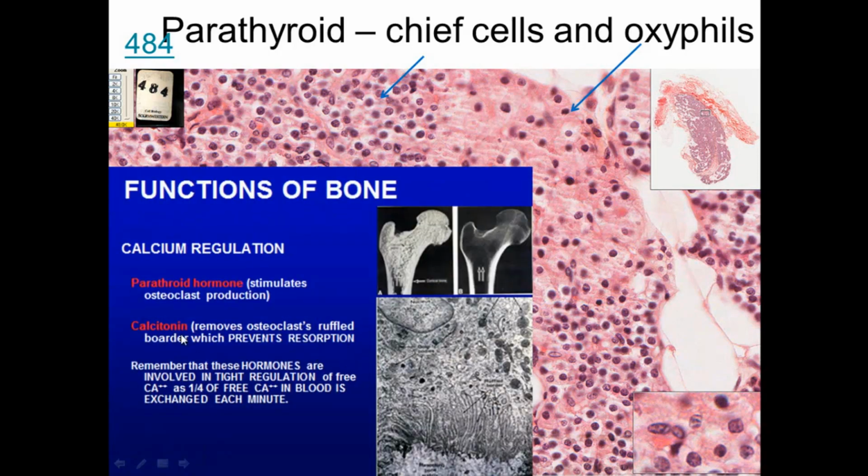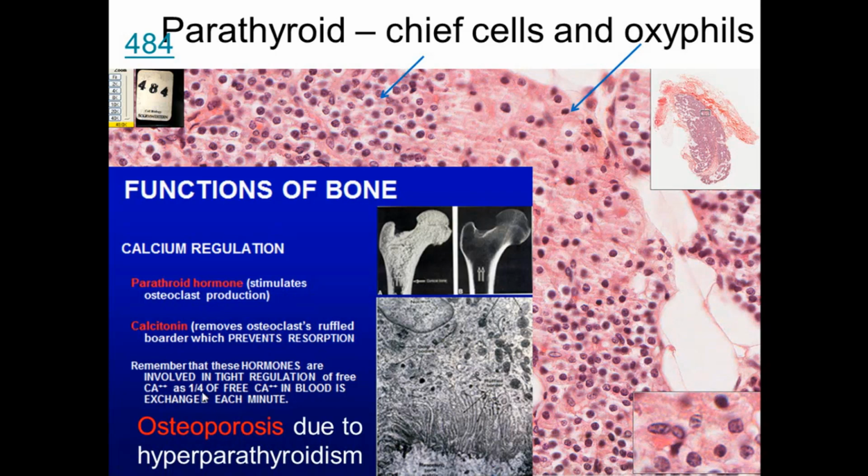Now remember, calcitonin was involved in removing the ruffled border, but parathyroid hormone stimulates osteoclast production, so it makes more osteoclasts. So parathyroid hormone stimulates the production of calcium, free calcium in the blood.